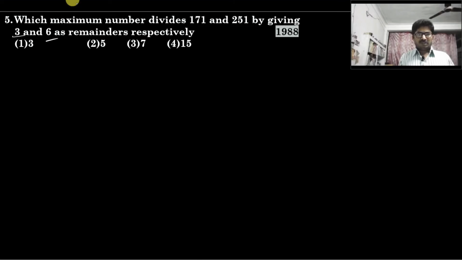Which number satisfies this for 171? If we divide 171 by 3, 1 plus 7 is 8, 8 plus 1 is 9, so it is exactly divisible by 3. That's why there is no remainder here. So this 3 is not it.